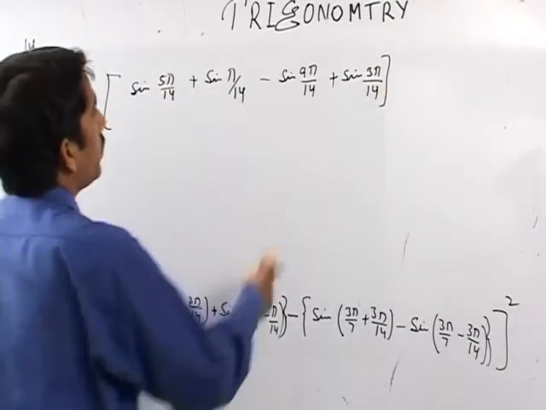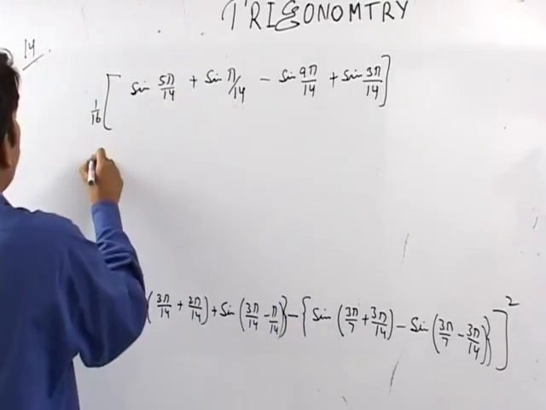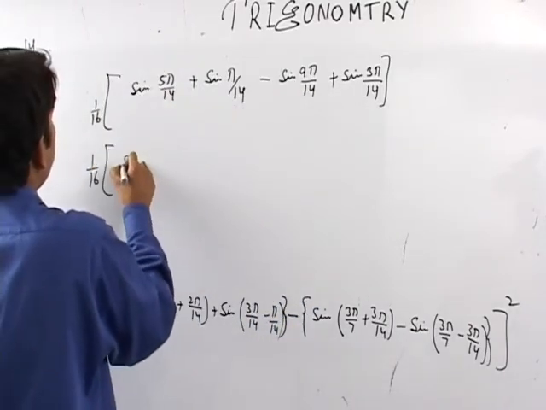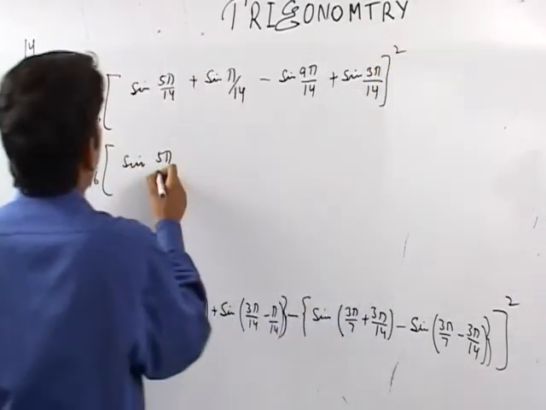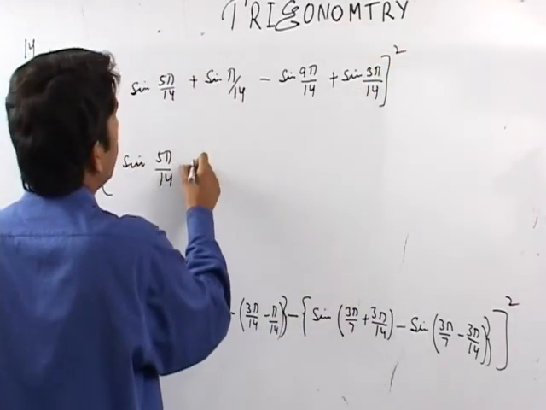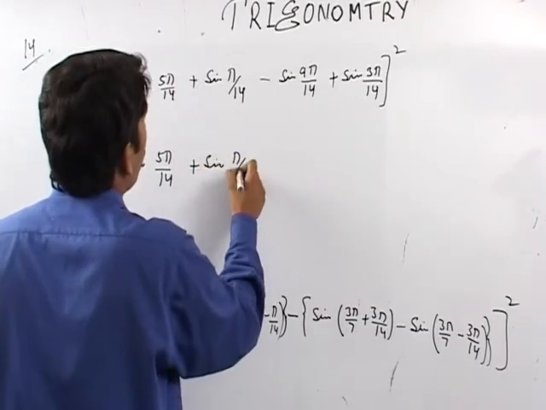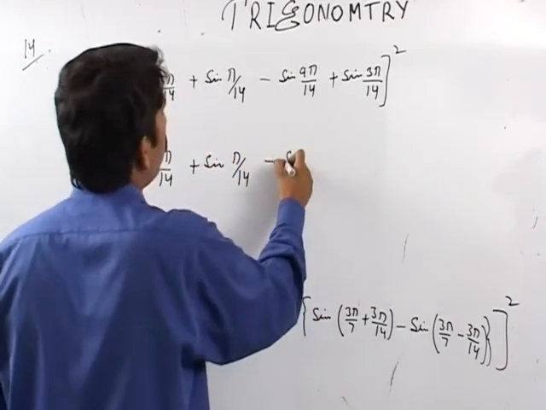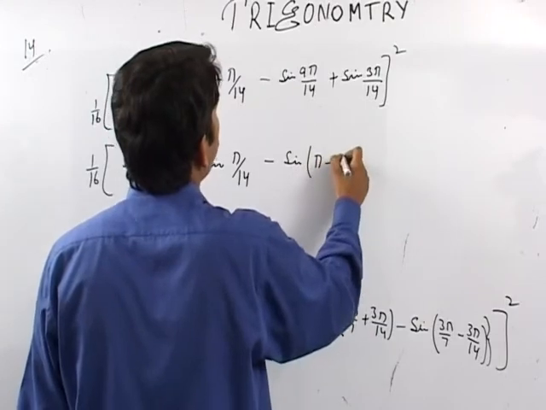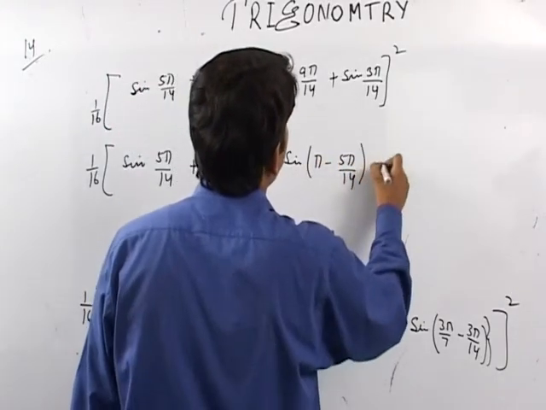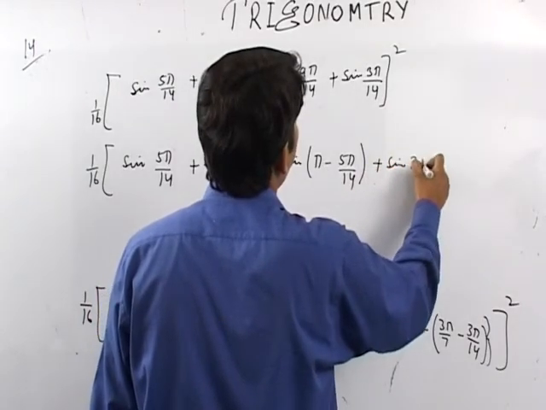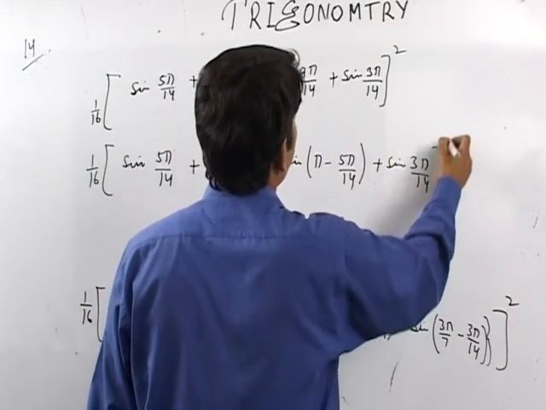Now when you calculate this, this will become 1 by 16 [sin 5 pi by 14 plus sin of pi by 14, and this will be sin of pi minus 5 pi by 14 plus sin of 3 pi by 14], the whole square.